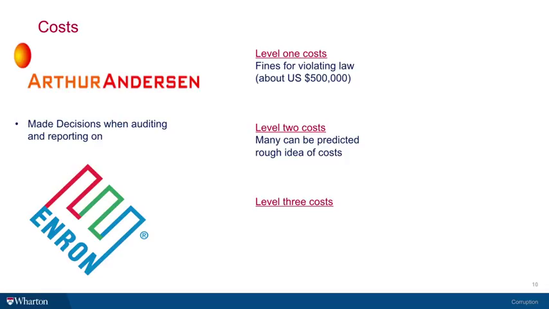Level 2 costs can sort of be predicted, and we have a rough idea of what these costs will be, but they're not as easy to predict as level 1 costs, and they're certainly not as easy to quantify ab initio as level 1 costs. And in the case of Arthur Andersen, their remedial fees, their defense fees, their investigative fees amounted to several million US dollars.